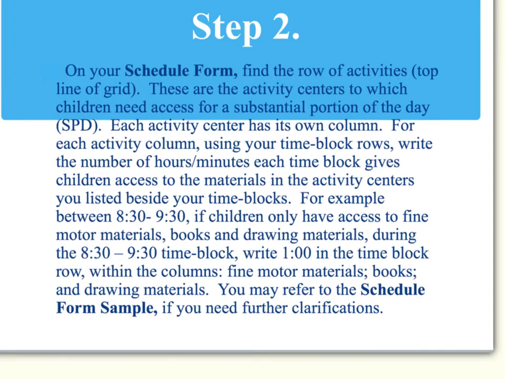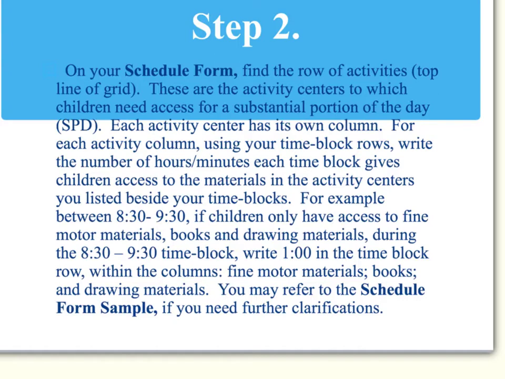So for step 2, you are going to want to look across the top where all of the different activity centers are listed. And every time that children are going to have access to that center, you're going to have to fill in the amount of time that they are going to be in that center.